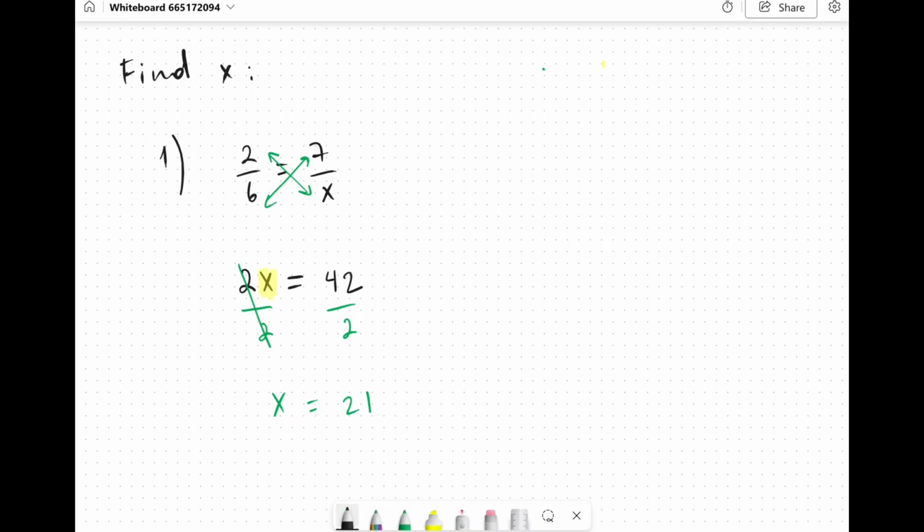Another example of finding the x is x over 64 equals 15 over 40. Let's find the first cross product. X times 40, that's 40x. And 64 times 15, that's 960.